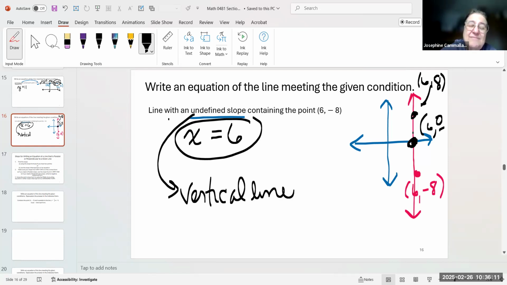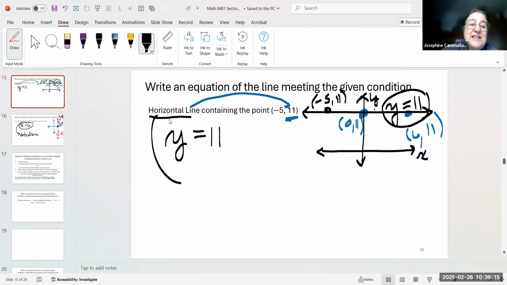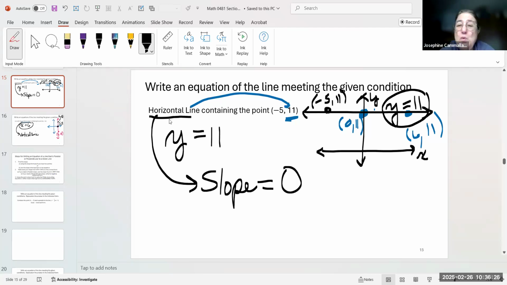And this horizontal line is very easy to see, or slope equals 0.